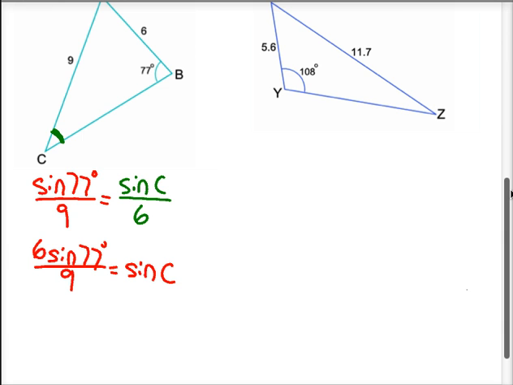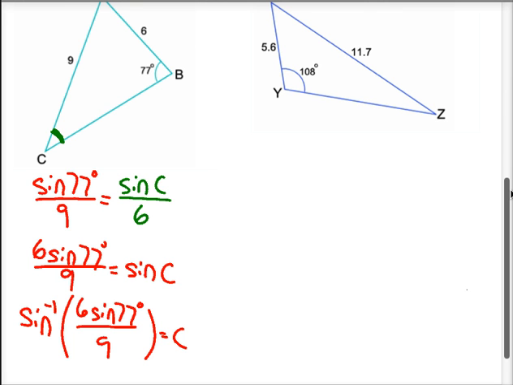All right, and now to get rid of that sine, to find that actual angle C, remember this is where we're going to use that inverse sine. So I'm going to inverse sine that entire side of my equation. So you have to inverse sine that whole thing.